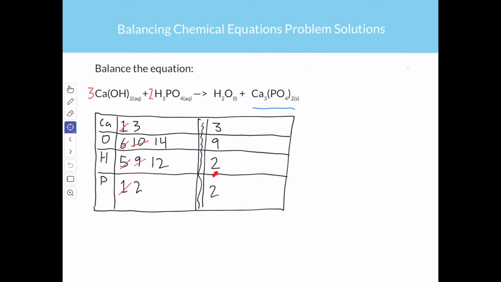We've got 2 hydrogens on the right-hand side from here, so the easy answer to balance that out would be to put a 6 in front of that. So we'll do that. 6 times 2, of course, makes the 12 that we want. So that is the solution for our hydrogens.